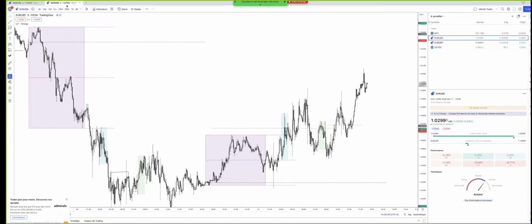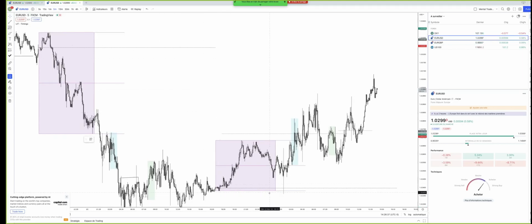So EURUSD was very mad, because at first I had two options. The first option was to target my previous ASEAN low, to target my previous ASEAN high, because this is one pool of liquidity and the next.